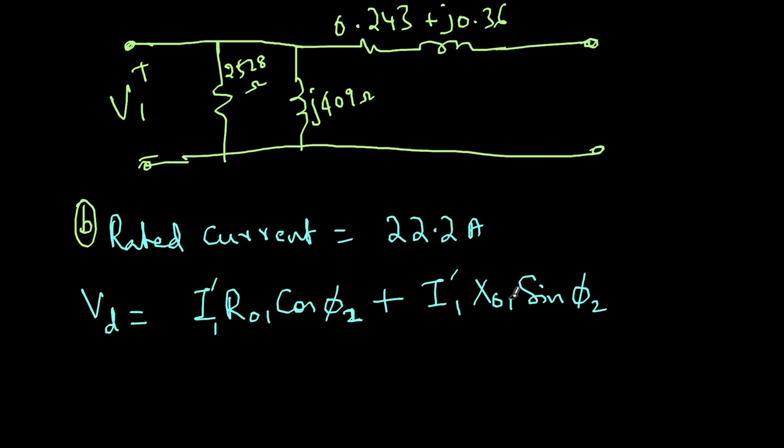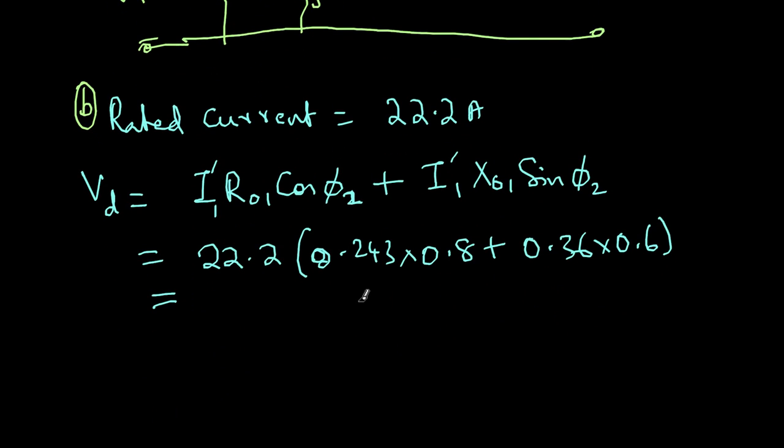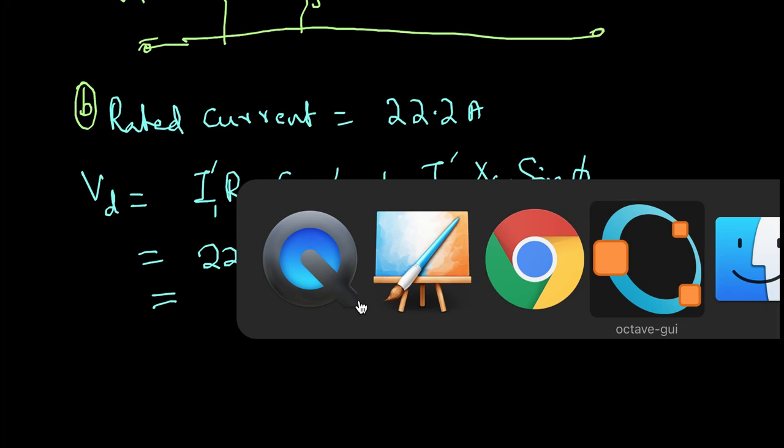We already have R01 and X01, and I1 I know, so I'll take 22.2 as common. R01 is 0.243 multiplied by 0.8 power factor, plus 0.36 into 0.6. This is my voltage drop. Let's do that, so I go to the calculator.